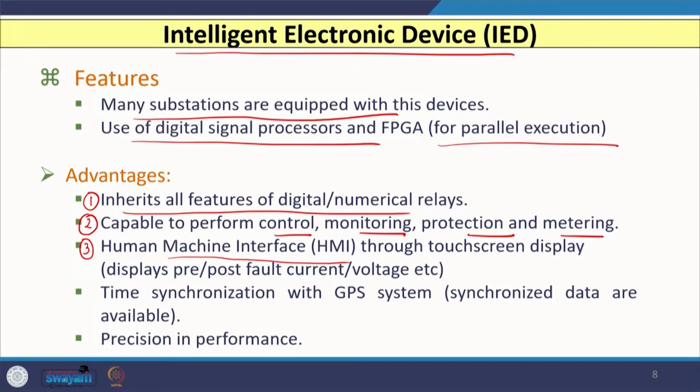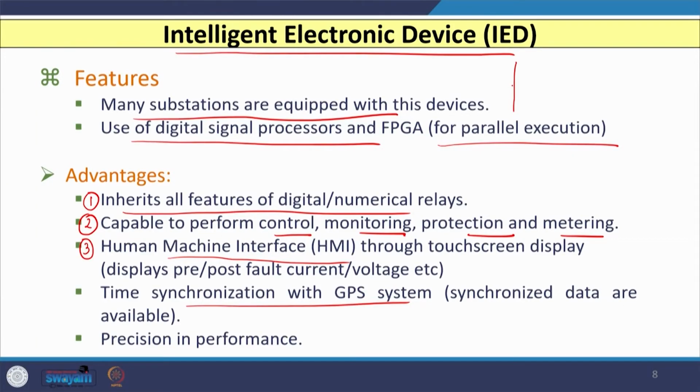Now, if I consider the important advantage of these intelligent electronic devices which is not available with microprocessor based relay, that advantage is the time synchronization with GPS. So, if we want synchronized data from various buses, say for example, I have a transmission line connected between two substations A and B, and I want data at substation A from substation B through some communication channel.